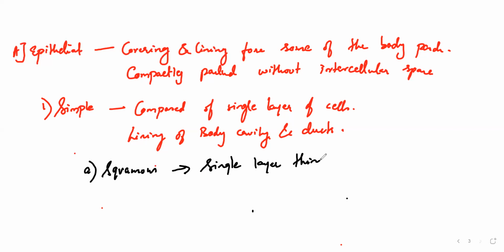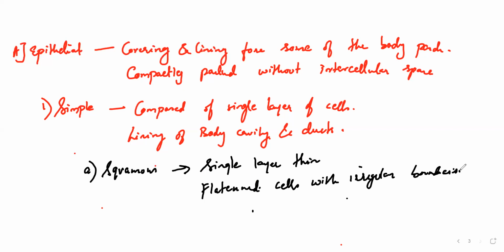Then in the squamous, the cells will appear flattened. Flattened cells with irregular boundaries. And where are they found?